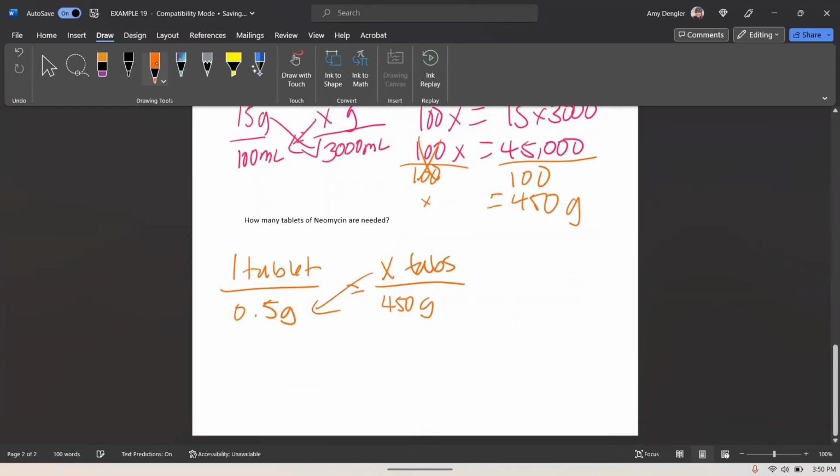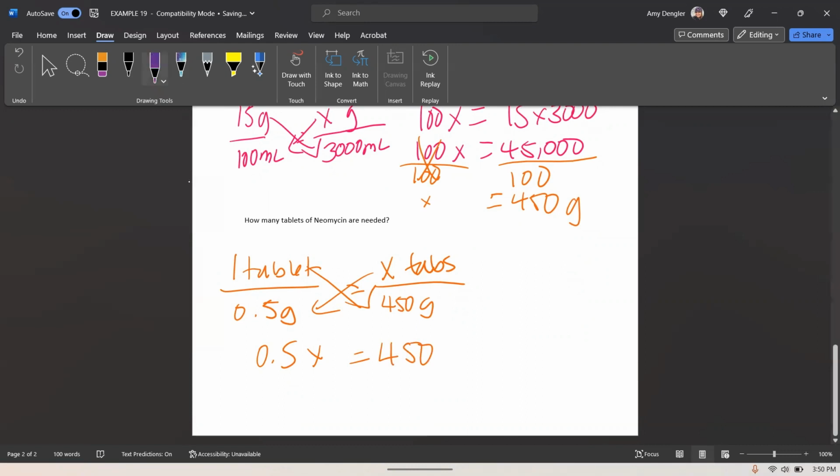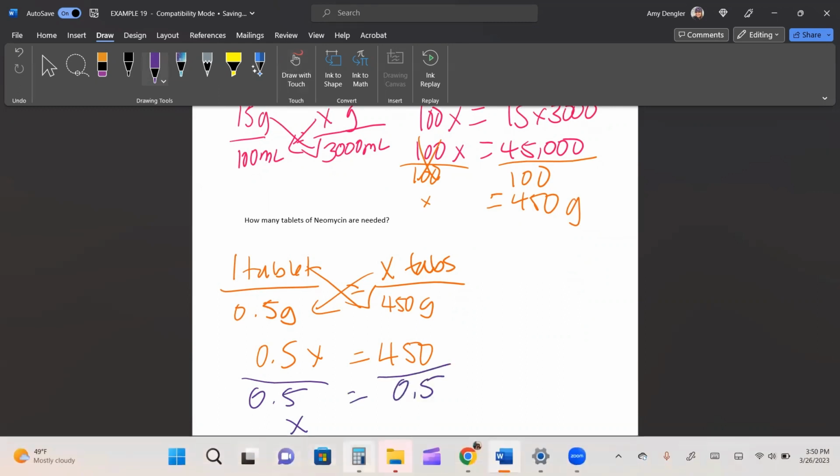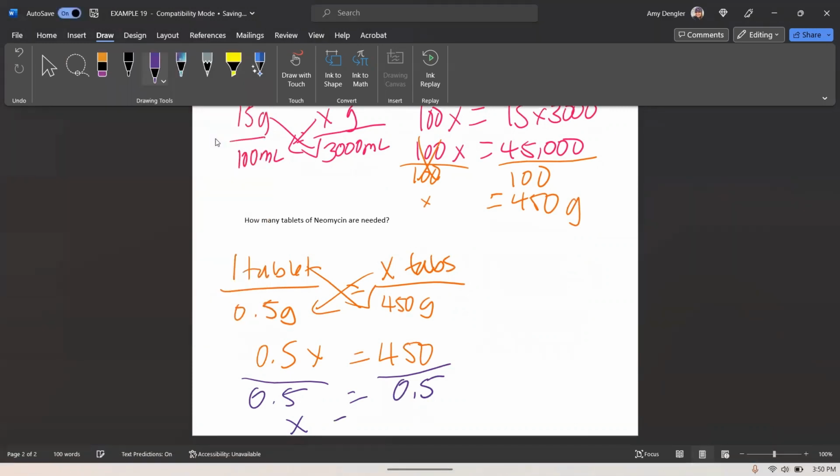So this would be 0.5x is equal to 1 times 450, which is just 450. Now we want to get x alone, so we'll divide each side by 0.5. And 450 divided by 0.5 is 900 tablets.